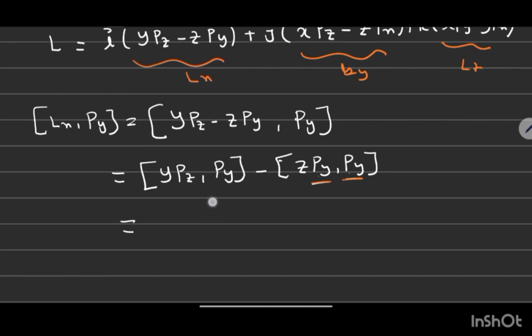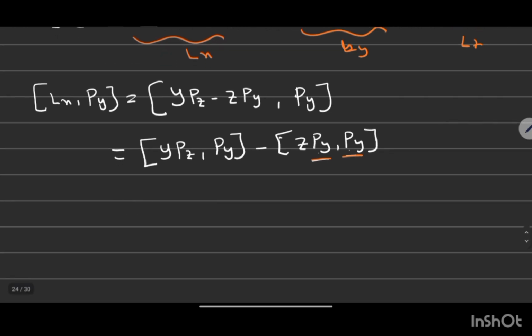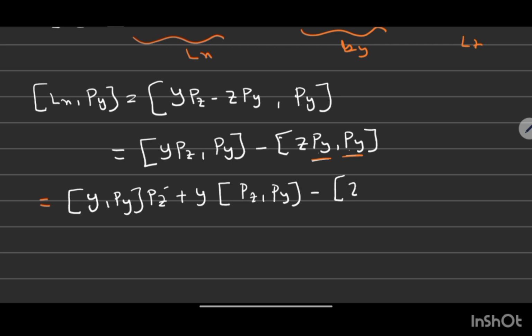This can be written, using the distributive property, as y times [pz, py] minus z times [py, py].